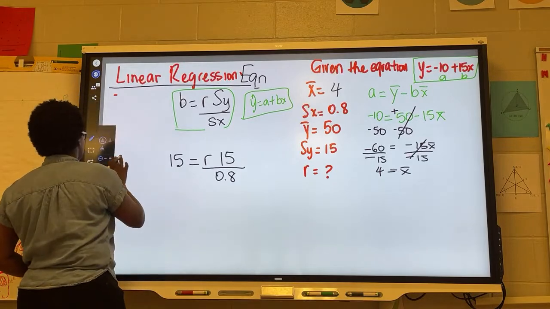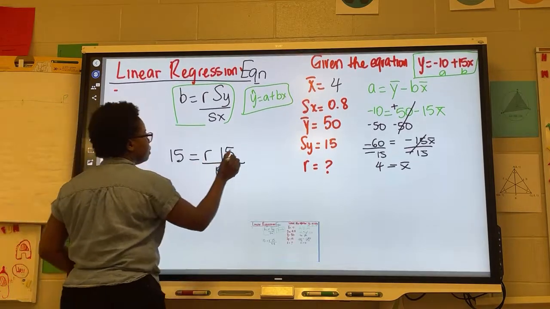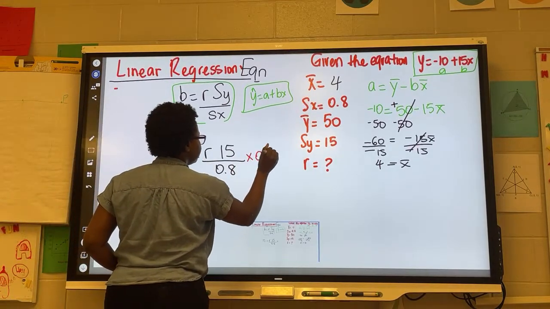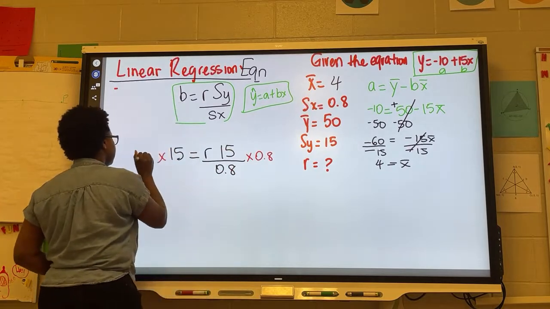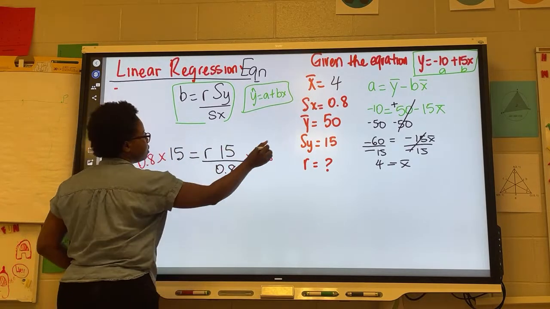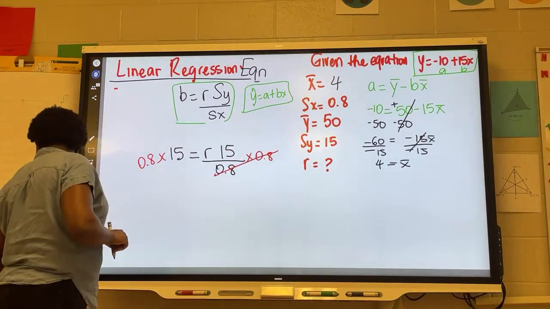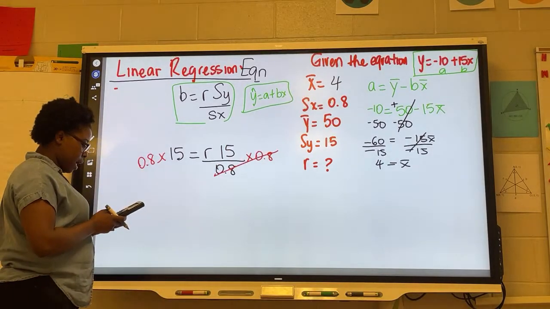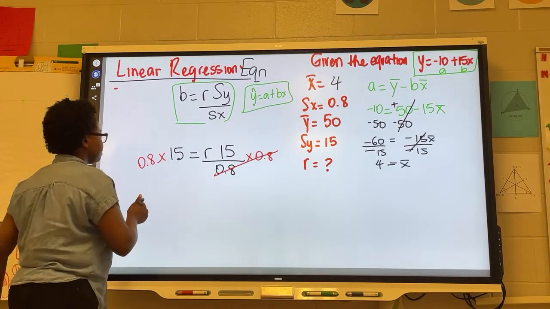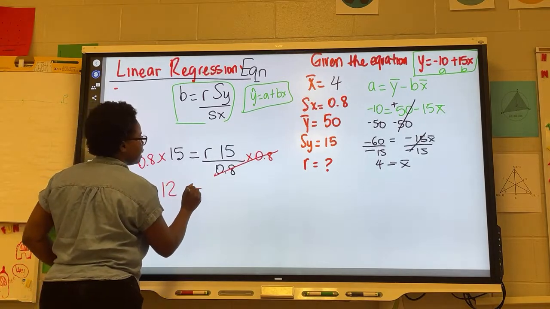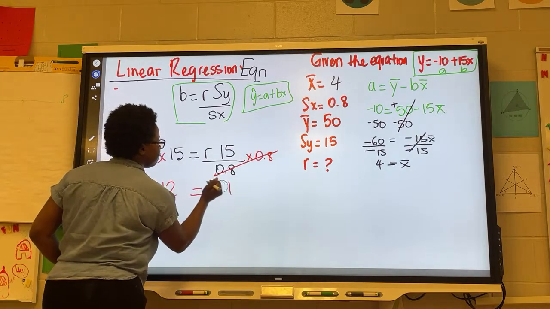We're going to multiply by 0.8 on both sides because it's divided by 0.8. So multiply by 0.8 on both sides, so that cancels. So 0.8 times 15 is 12, and that's equal to R times 15, or 15R.